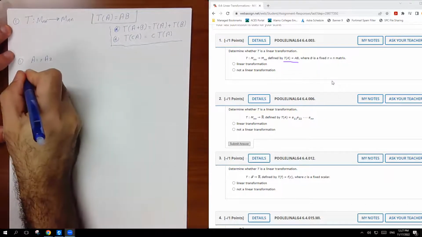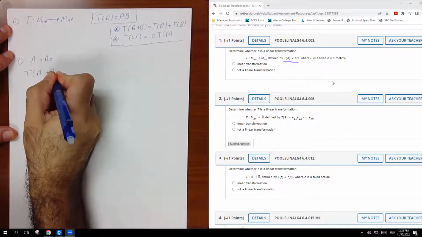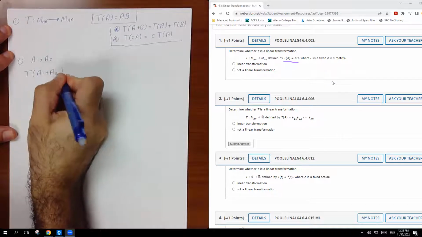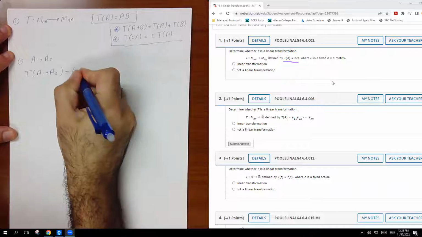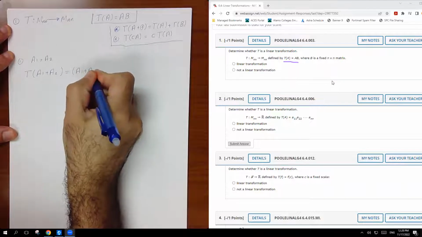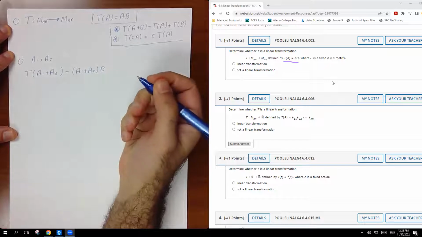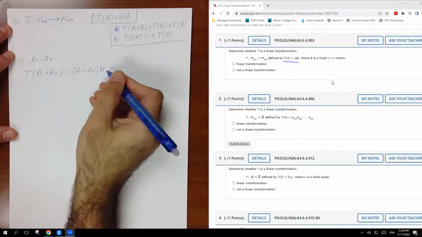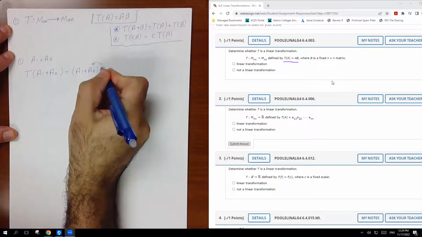Then the transformation of A1 plus A2, by using this rule, is going to be (A1 + A2) times the fixed matrix B. Now I can distribute the matrix because this is one of the matrix rules.